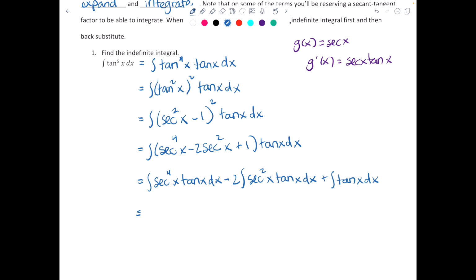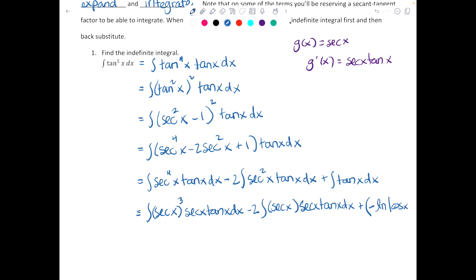We have the integral of secant at x, the quantity cubed, times secant at x tangent at x dx, minus 2 times the integral of secant at x to the 1 power times secant at x times tangent at x times dx. And then this one has an antiderivative formula. That's negative natural log absolute cosine at x.